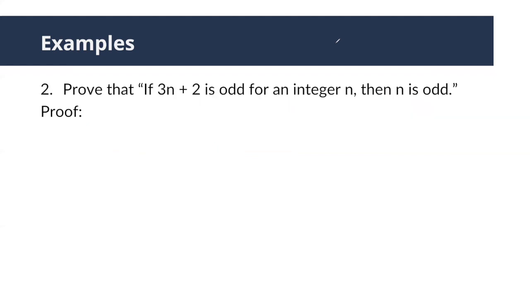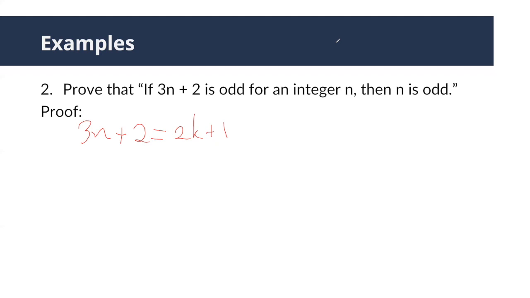Second example, if 3n plus 2 is odd for any integer n, then n is odd. Similar to the previous example, if you want to prove this theorem using direct proof, you start from 3n plus 2 is odd, so it can be represented by 2k plus 1, where k is some integer.